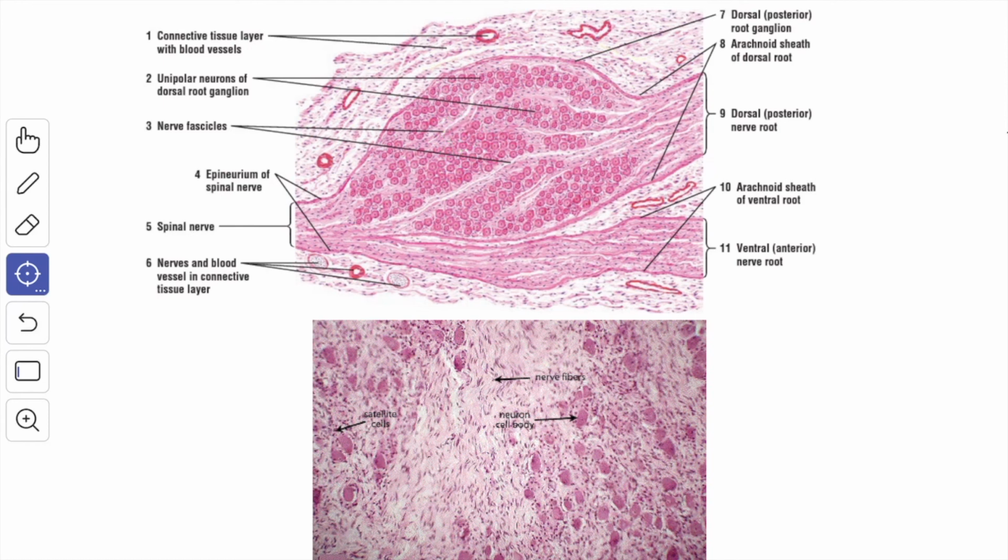The autonomic ganglia consist of multipolar neurons which are not arranged in groups, but are scattered among the nerve fibers. The satellite cells are present, but less prominent than in the sensory ganglion.